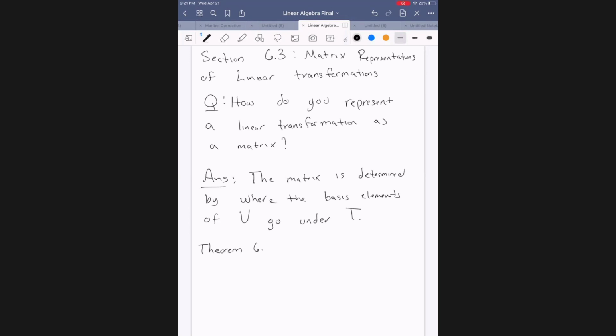let's say 6.31. For right now, let's just suppose that we have a linear transformation. So let T be a linear transformation from Rn to Rn, right?